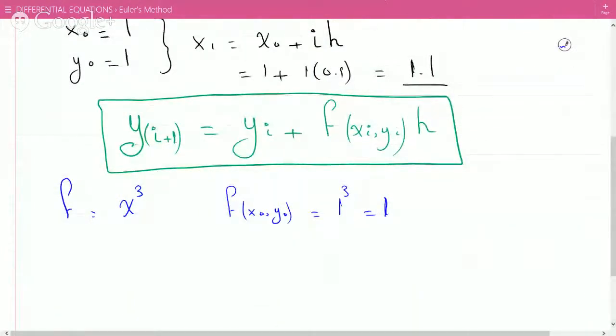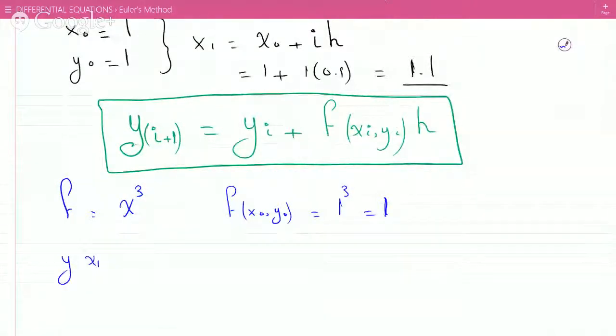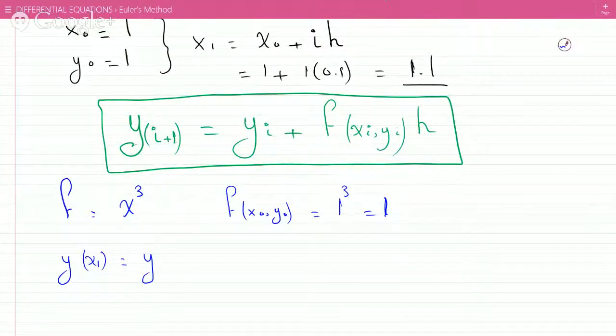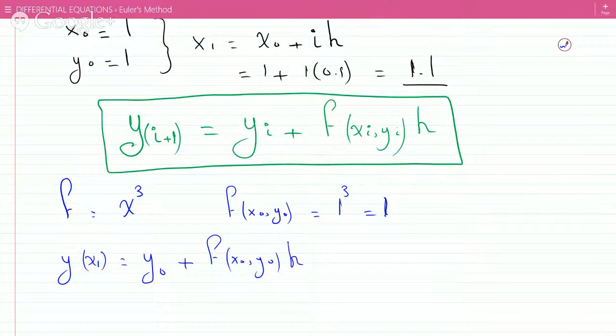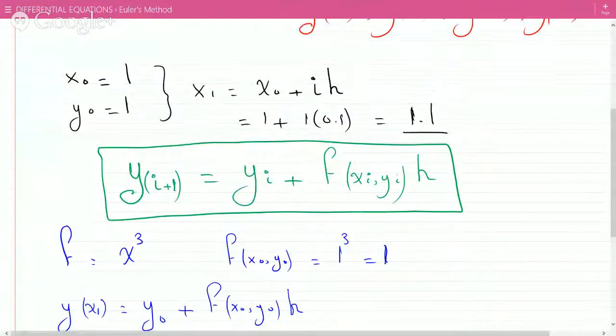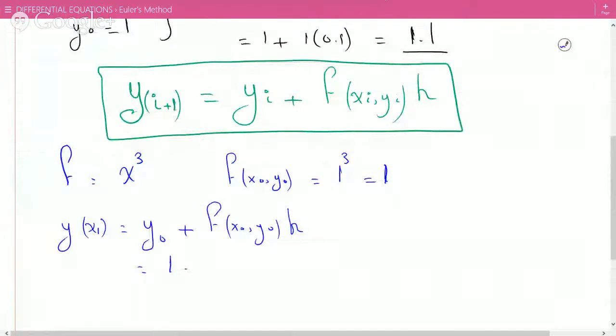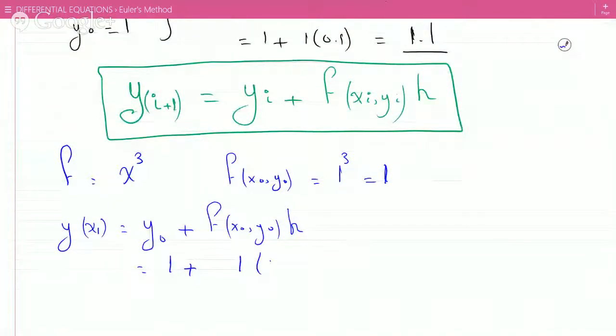So now y of x1, according to this, will equal y of 0, because I'm finding y1, plus f of x0, y0 times h. Okay, now what's y0? y0 is 1 from the initial point, plus f is 1 times 0.1, because h is 0.1.